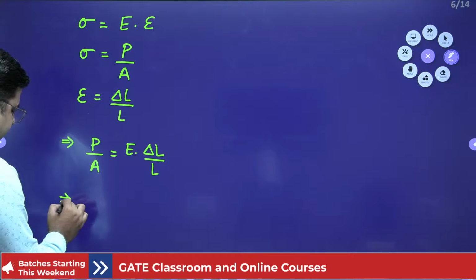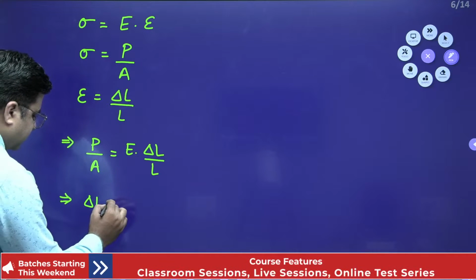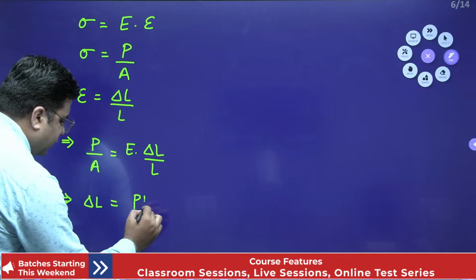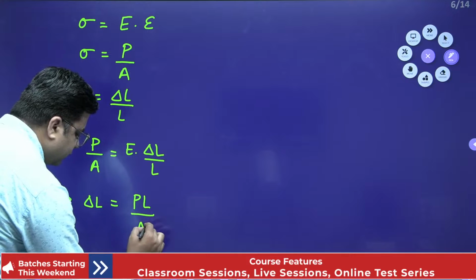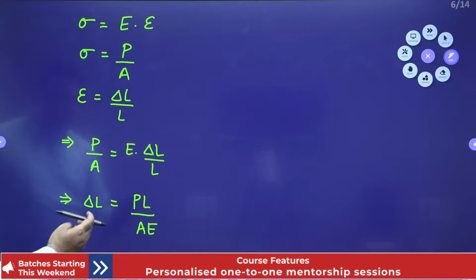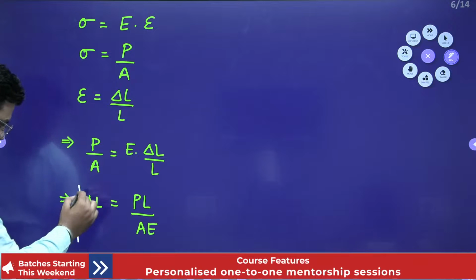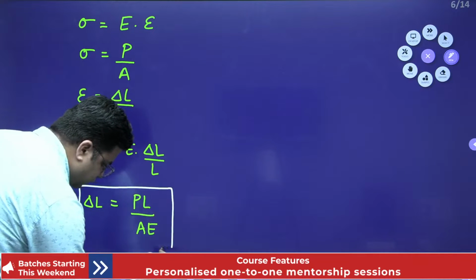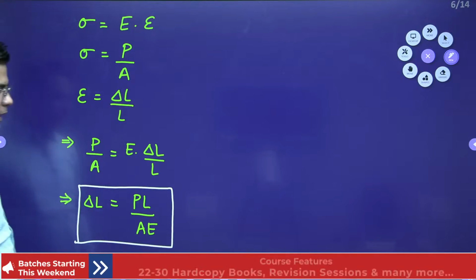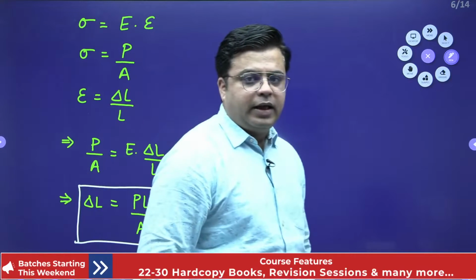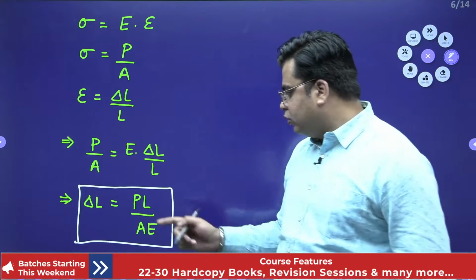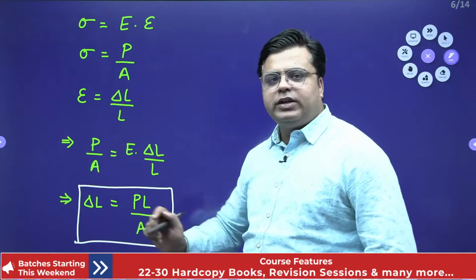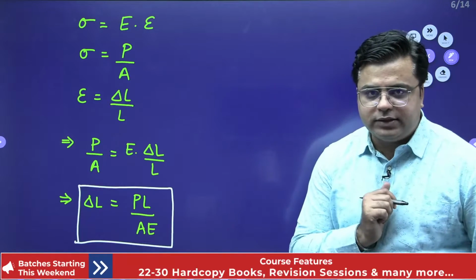So your deformation delta L is equal to PL by AE. So this is your deformation that is happening to the bar, and this deformation is equal to PL by AE. Using this relation, you can directly calculate this deformation.